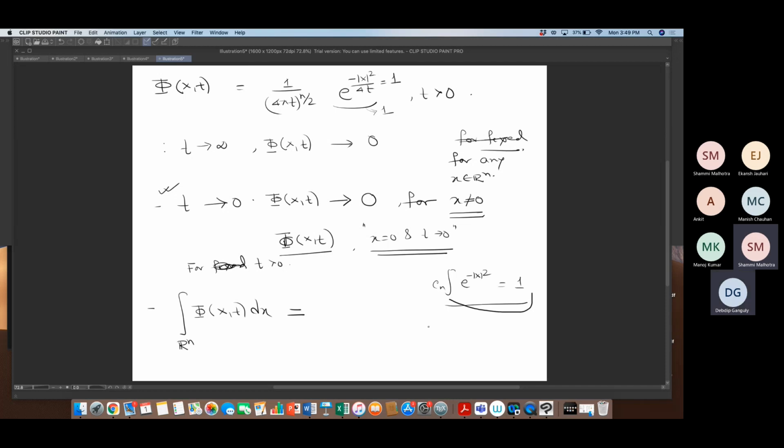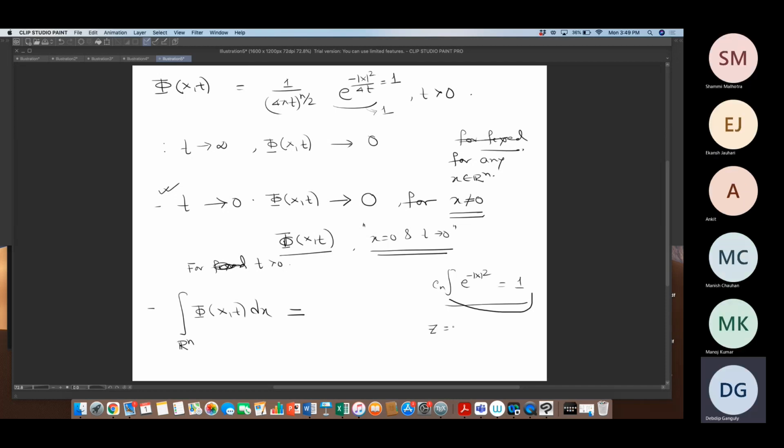Don't worry. You write down z is equal to x by 2 root t. Is that okay? Now you write down dz. What will be the dz then?